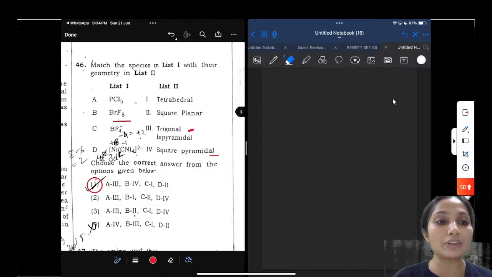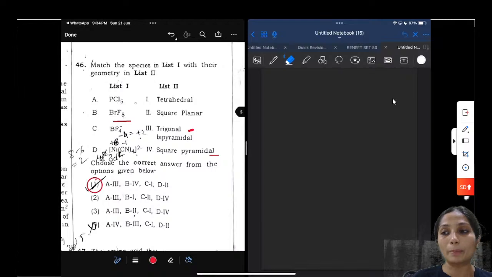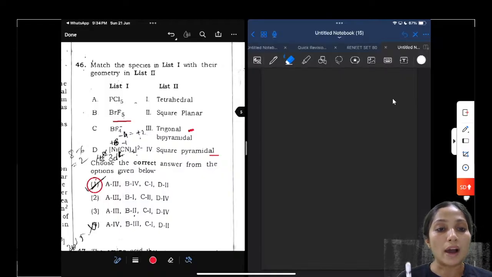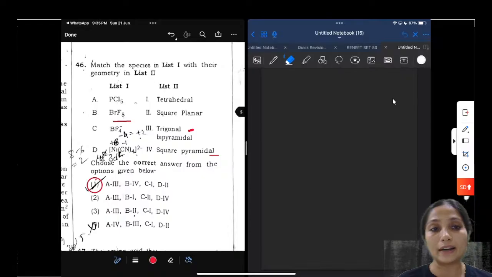Okay, for question number 46, match the species in list 1 with their geometry in list 2. Which option is correct? Option 1 is correct. That is, A corresponds to trigonal bipyramidal, B is square pyramidal, C, that is BF4 minus, is tetrahedral, and the last one, the complex, has square planar geometry.